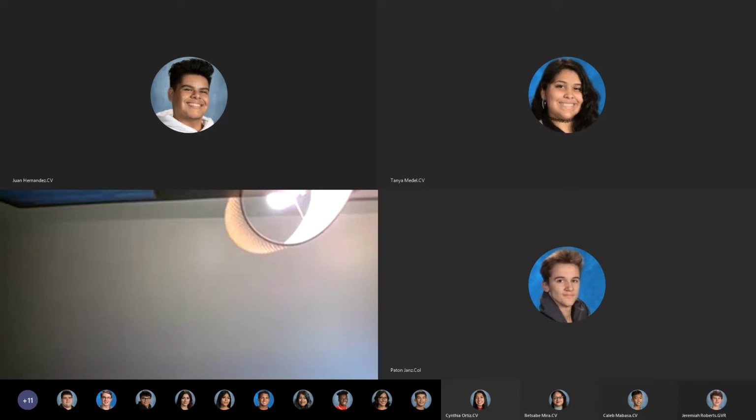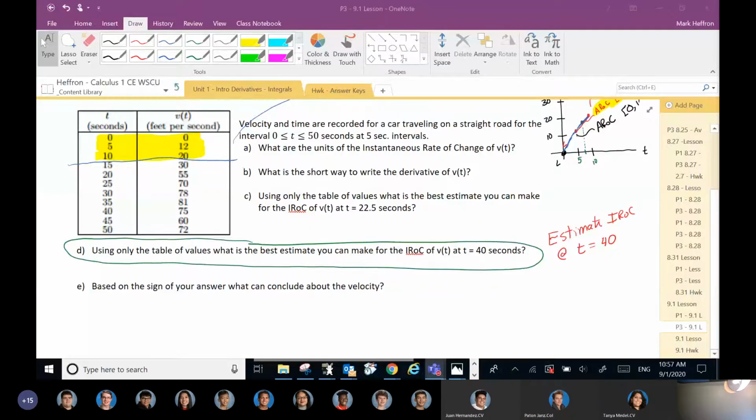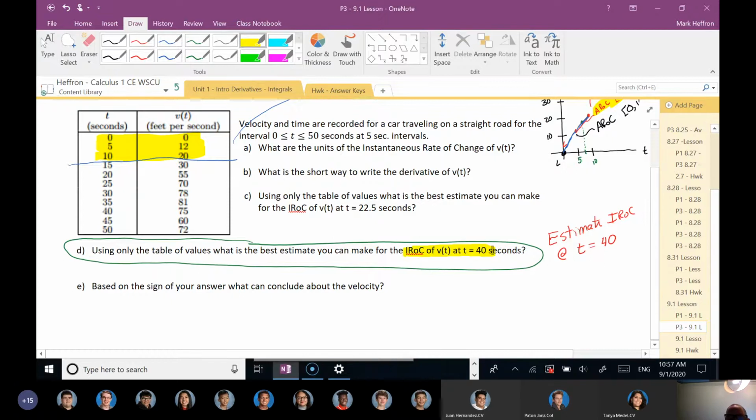Okay, I've started it now. We're all trying to figure out an estimate for the IROC of velocity at 40 seconds.